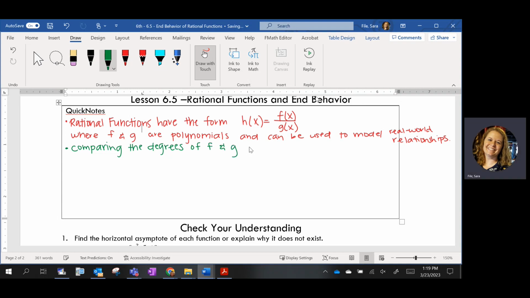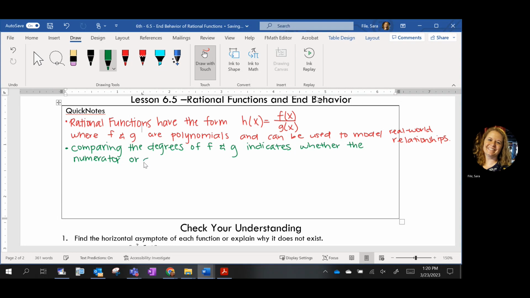Comparing degrees of f and g indicates whether numerator or denominator is dominating.